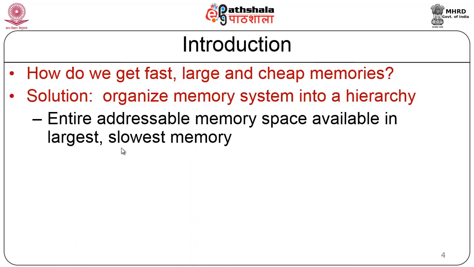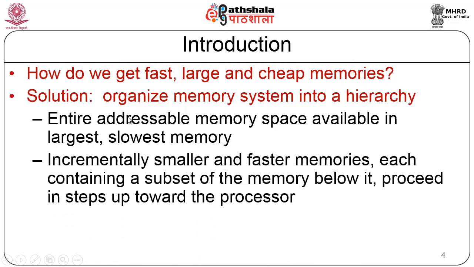The solution is organizing the memory system into a hierarchy. We go into a hierarchical memory system where each of the memories in each level of the hierarchy satisfies some requirement. The entire addressable memory space is available in the largest and slowest memory, which is the outermost memory, and then you have incrementally smaller and faster memories, each containing a subset of the memory below it as you proceed towards the processor.